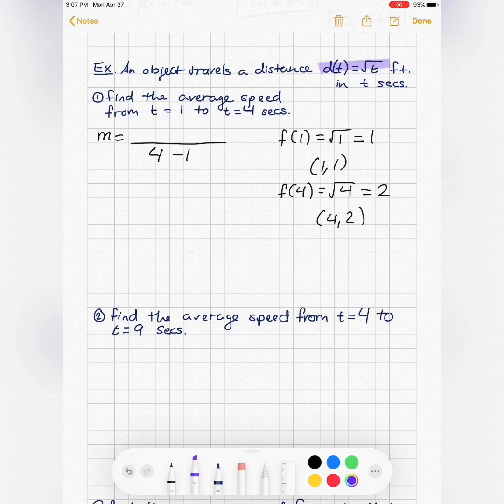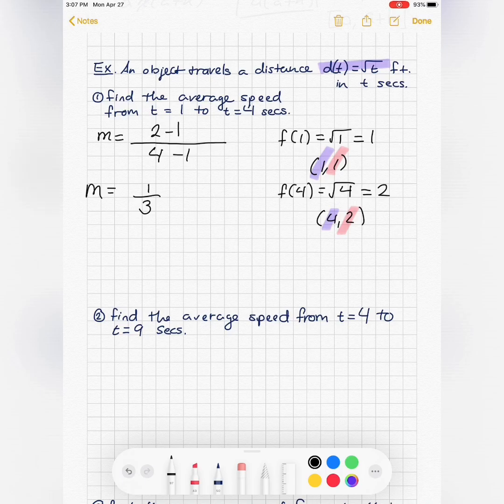Okay, so I already set up my denominator. 4 minus 1. My numerator is going to be 2 minus 1. So 1/3.